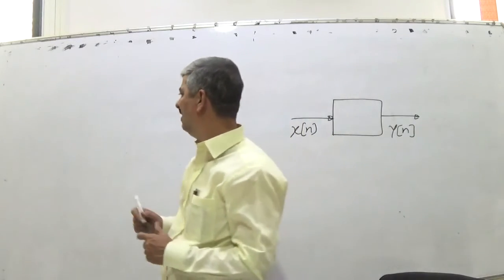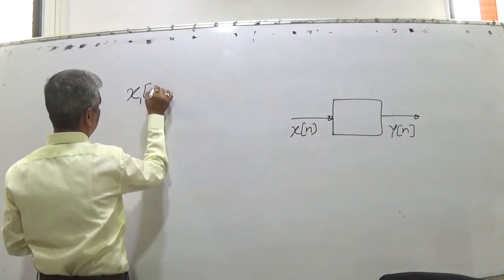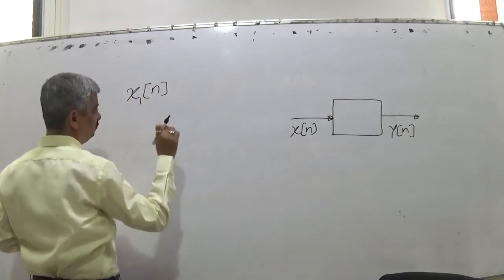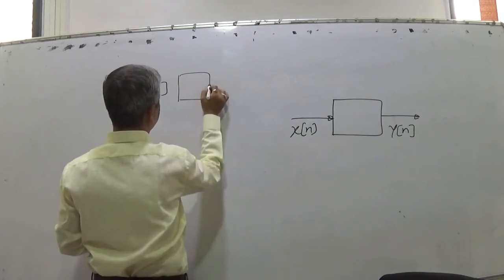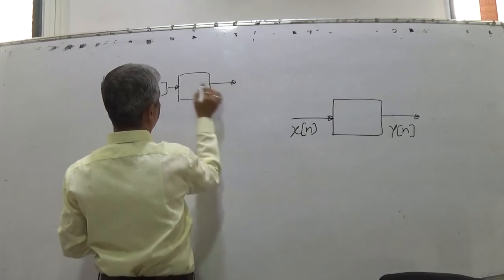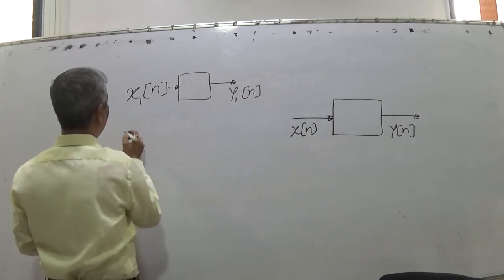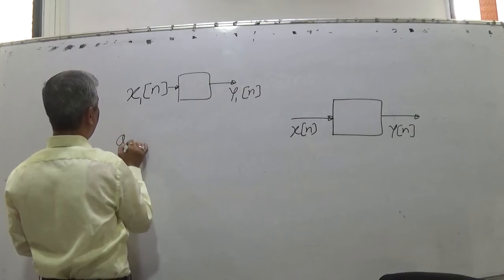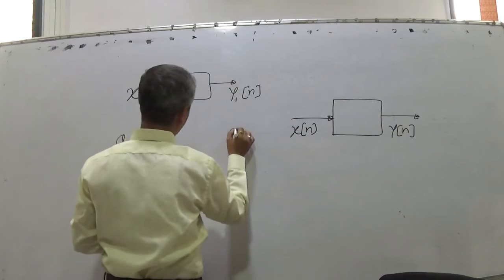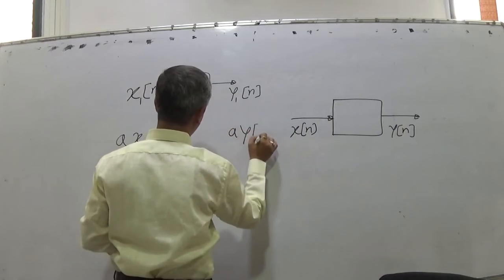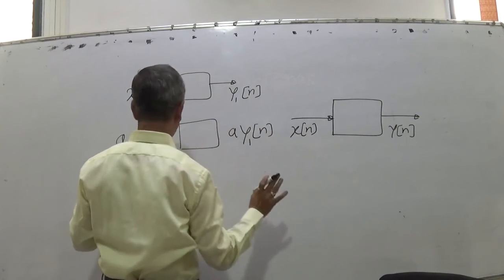So if I have one sequence x1[n] and I pass it to a system, I obtain y1[n]. If I multiply the input by a, giving a x1[n], I should get a y1[n]. Sometimes for a non-linear system we may not get that.